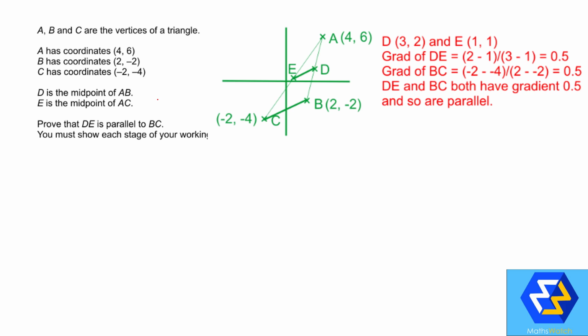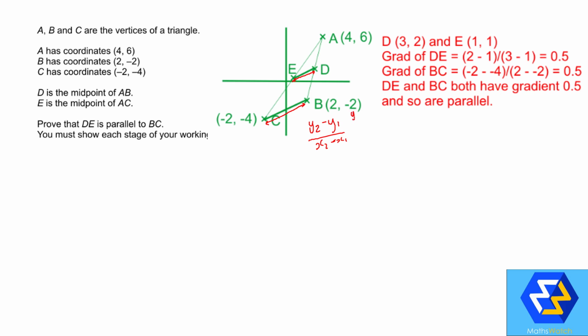So prove that DE is parallel to BC. DE is there and BC is there. So this point is you have to use your gradient formula between 2 points. So that is going to be y2 minus y1 divided by x2 minus x1.